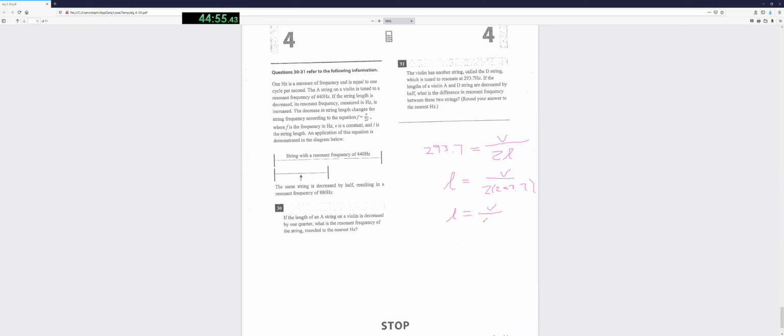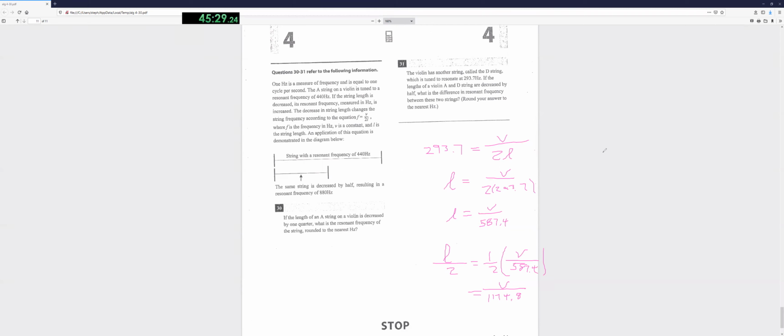L equals V over 587.4. All right, so if we cut that in half, because that's what we were told to do, is to cut these strings in half, the half length is going to be a half of V over 587.4, which in other words is V over, and now I need to double that number, and I get 1174.8. So that is the length of our new string.